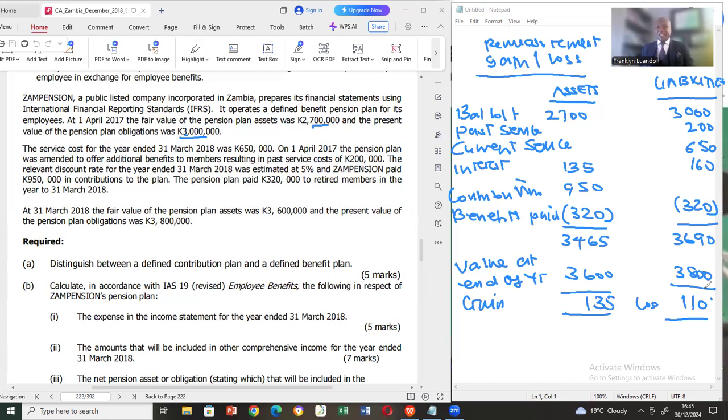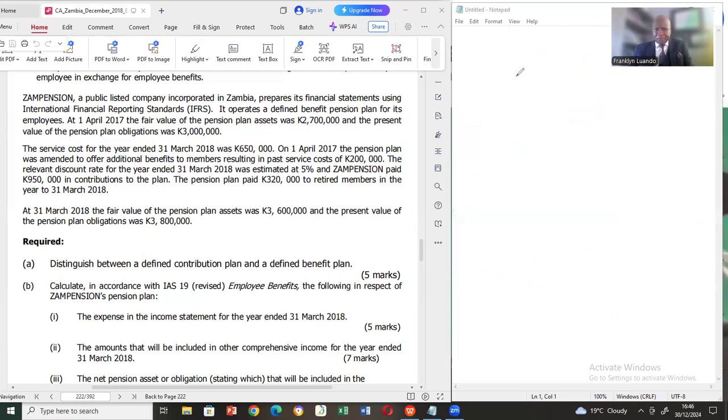After you have done that, that's when you can go to the P&L and to the statement of financial position. So here we have the P&L. These are in thousands.